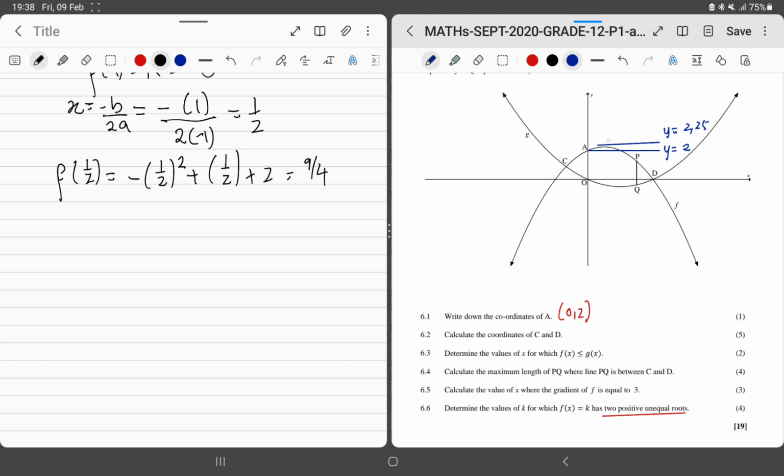At the turning point, I only have one x value. So the roots are equal there. So I shouldn't include the solution at the turning point. So k should lie between 2, that line y equals 2, and 2.25. Or we can write this as 9 over 4.